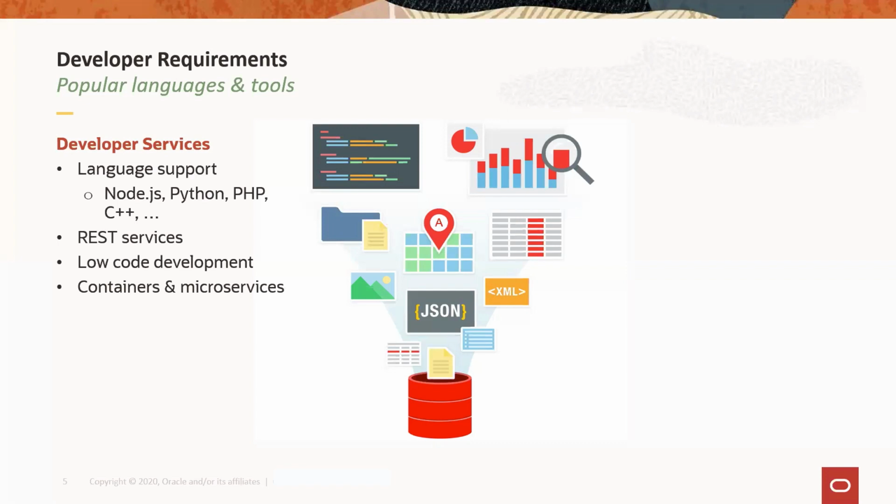And again, minimal learning curve. They want to be able to deploy their apps using modern techniques, including things like Docker containers and microservices, etc. So that's the first and foremost requirement that developers are looking for.